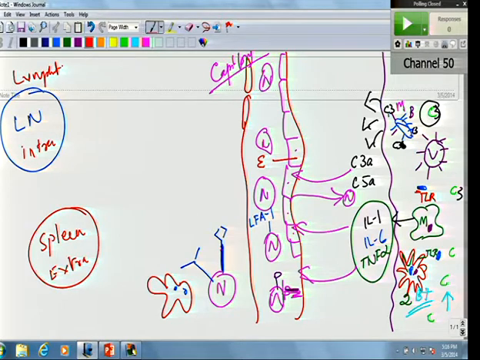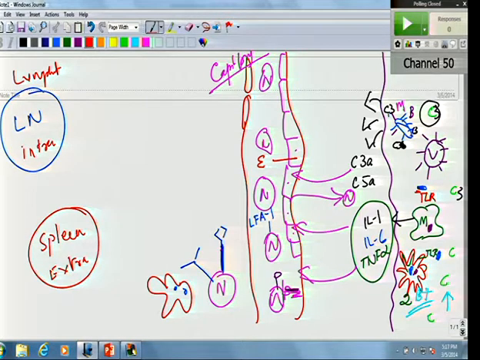So now you see how the innate cells of the innate immune system are the first to initiate the adaptive immune system. If you don't have macrophages, if you don't have dendritic cells, the adaptive immune system is not going to be stimulated. So they act as a bridge between the innate and adaptive immune system.